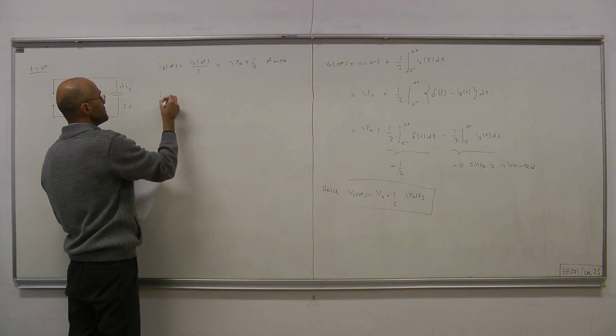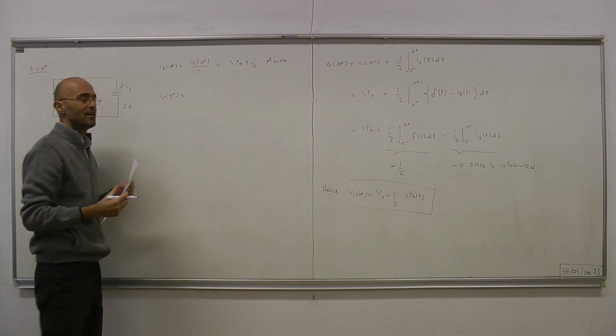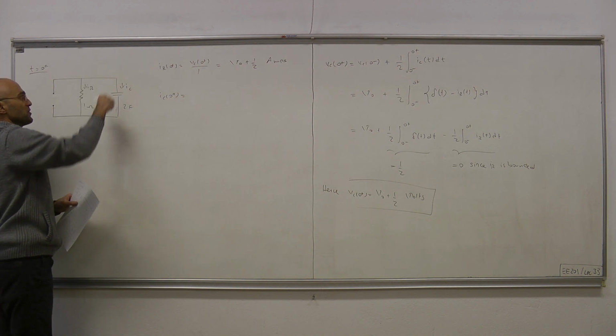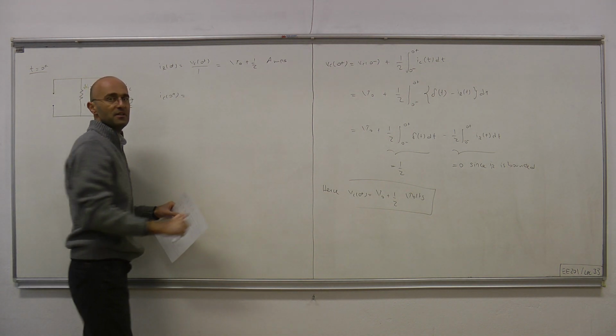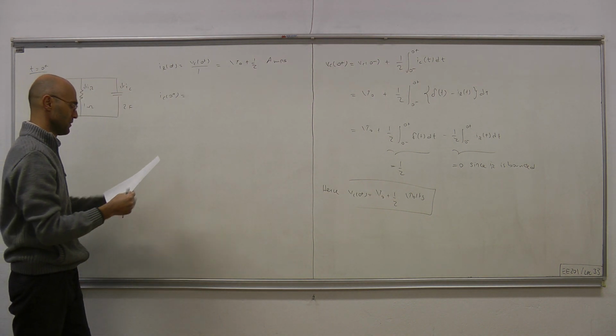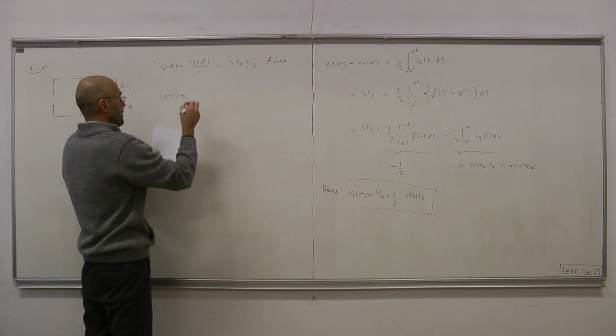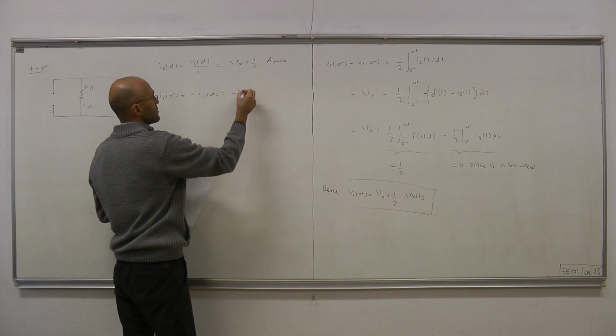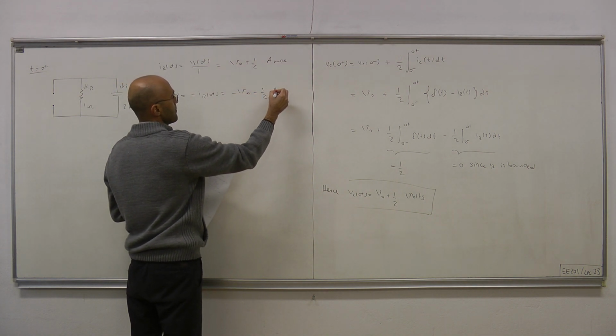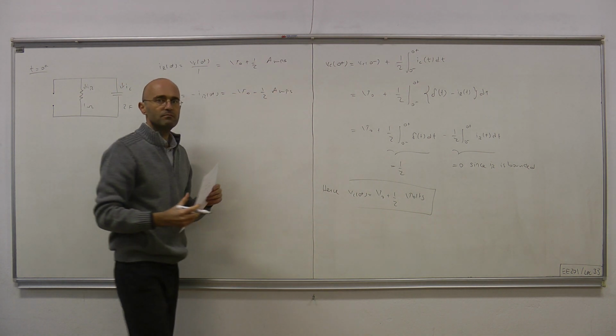And iC(0+) then: iR plus iC equals 0. Therefore, minus that is the capacitor current, clearly. Minus iR(0+), and that's minus (V0 plus 1/2) amps.